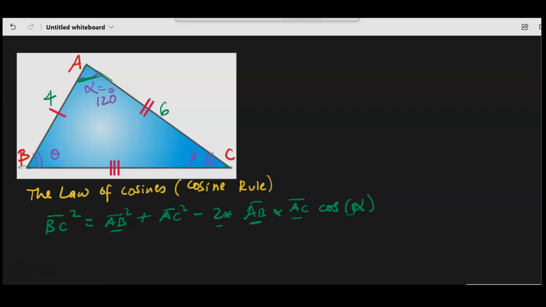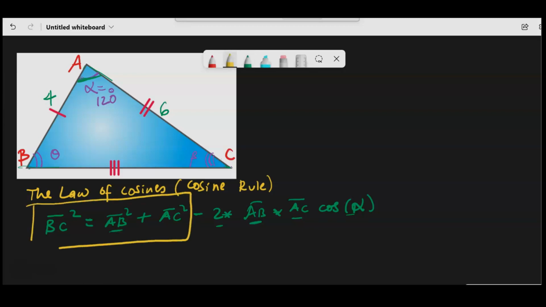So I think it's very important to know how to remember this law of cosines. If you consider only this part, it's the Pythagoras theorem. Then we have added this section, which is negative, which means it's less than this.